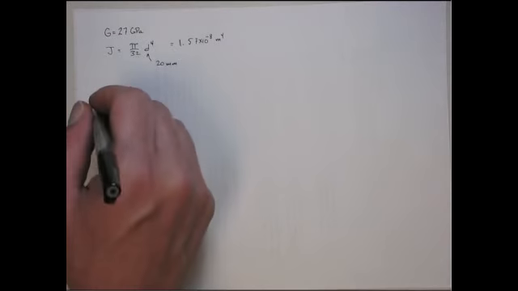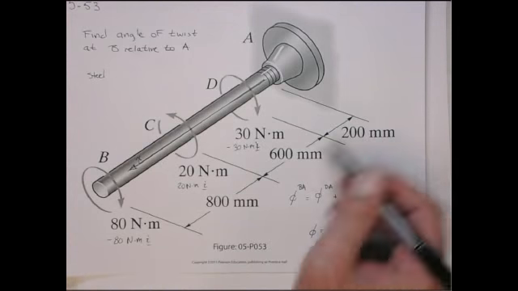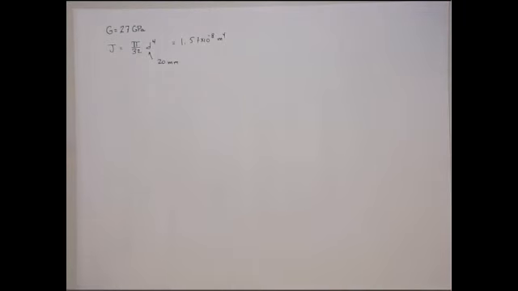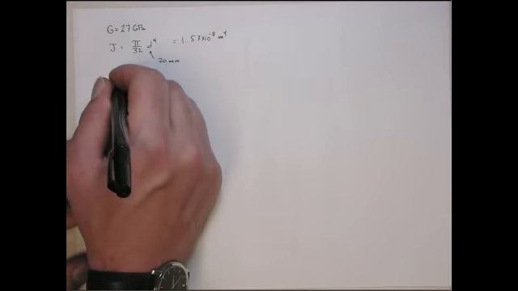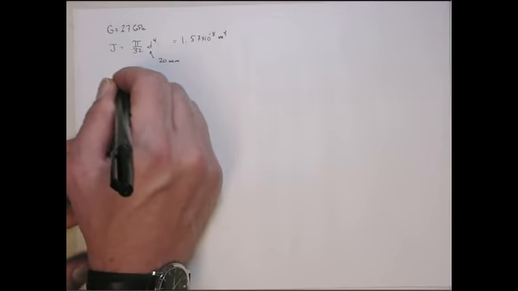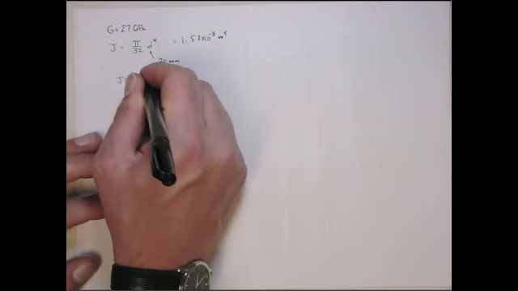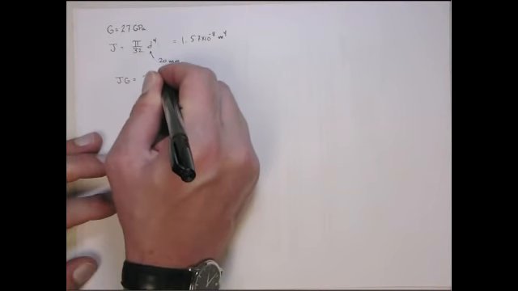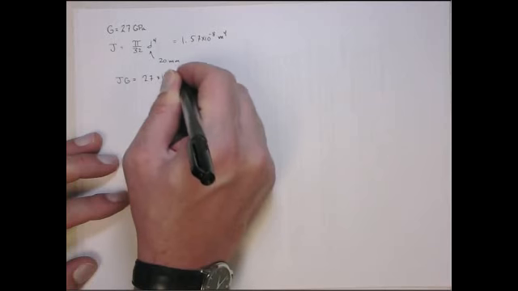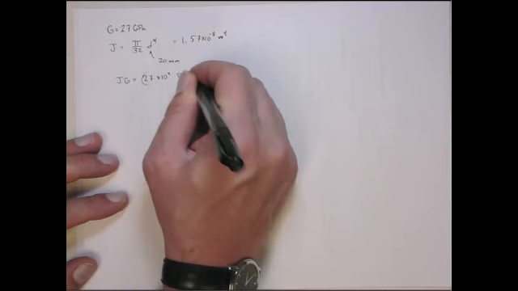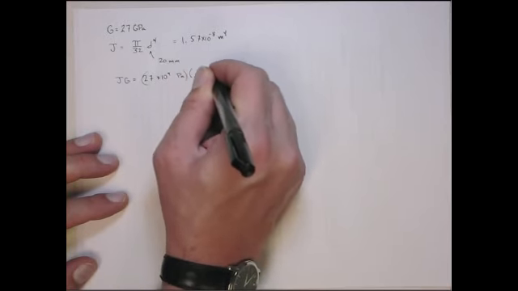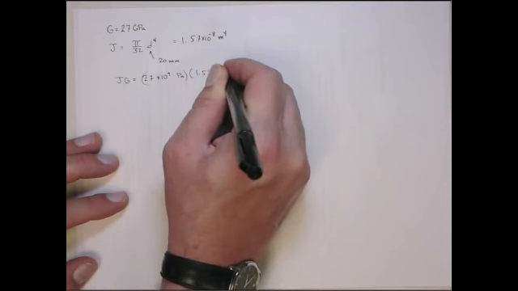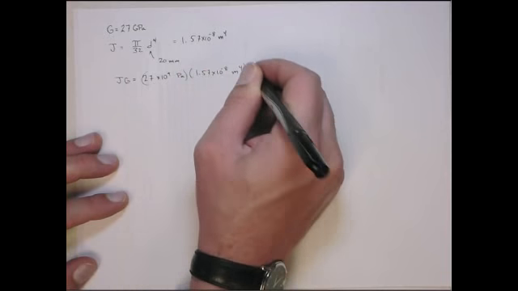The length varies for each section, and obviously the internal torque varies. But we can get the product JG, because that appears in the bottom of everything. So J times G is 27 times 10 to the 9th pascals times 1.57 times 10 to the minus 8th meters to the 4th.